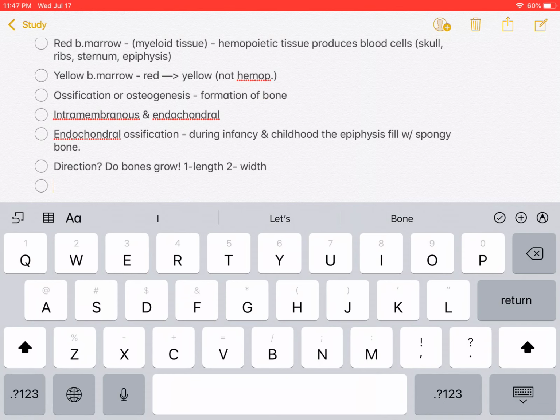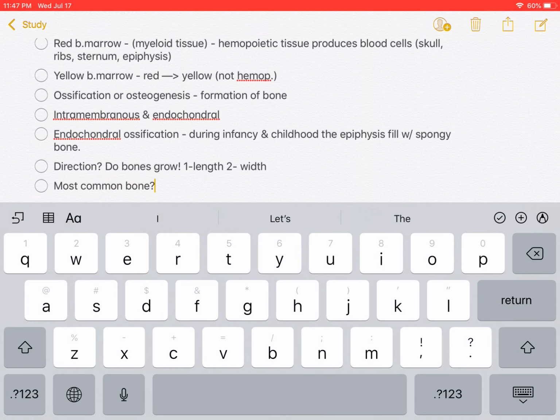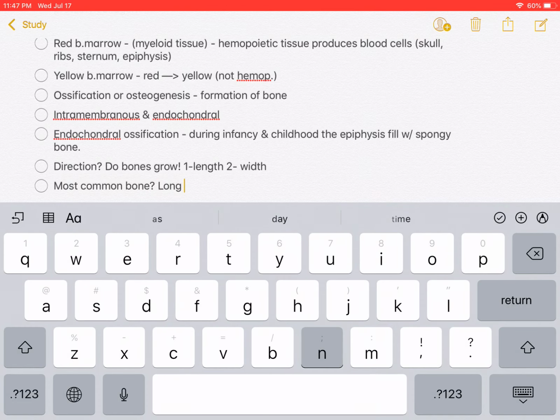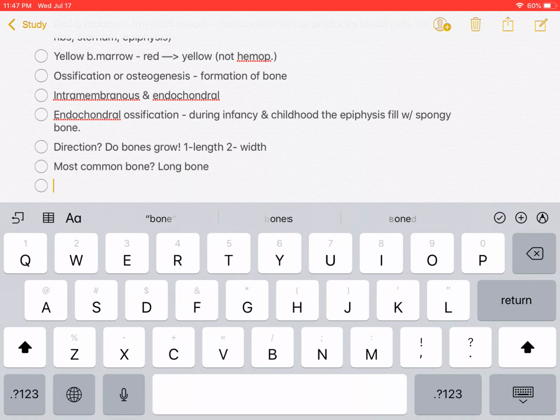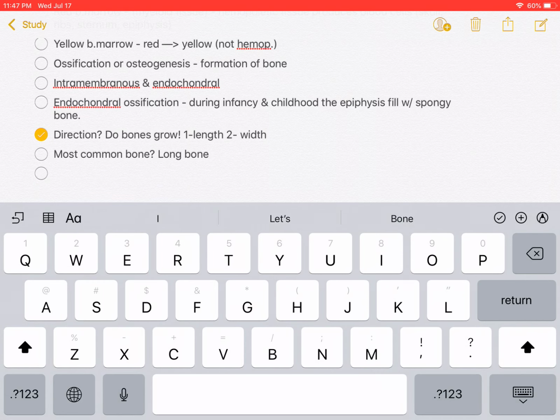Somebody might also ask you, what's the most common type of bone in the body? And that is the long bone. Someone might also ask you what type of growth is interstitial growth. Remember, in what direction do bones grow? We have length and width. When we're talking about length, it is actually interstitial growth.